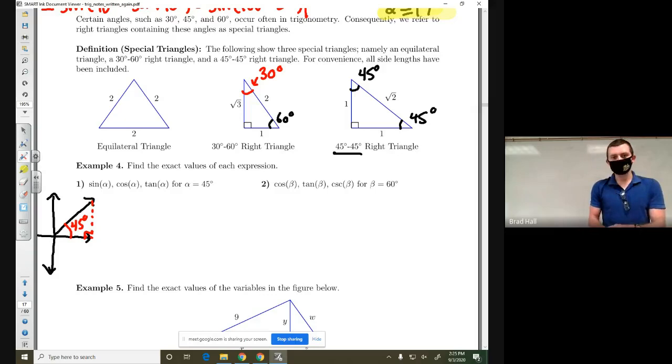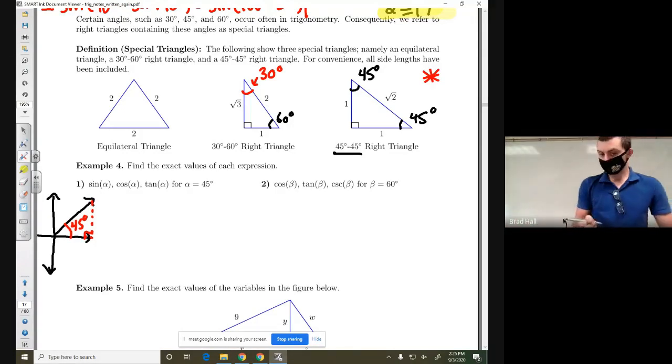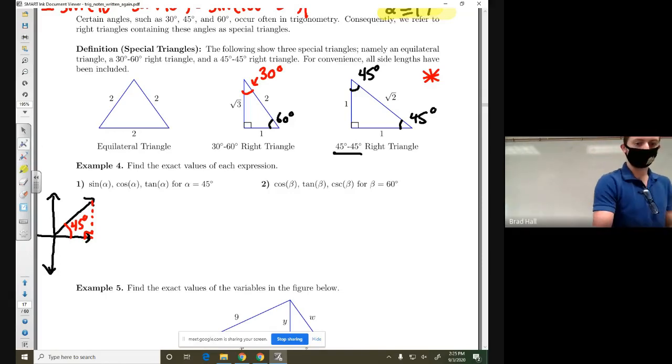But since we have the special triangle to our advantage, the one up here in the top right, we know how to fill out this triangle. So I'm going to bring the triangle off to the side here.